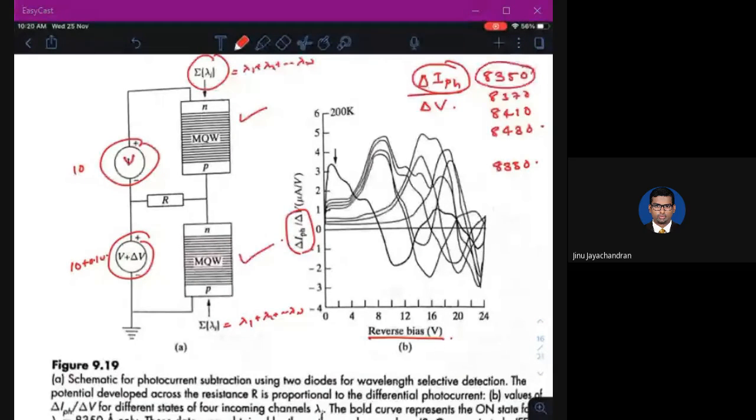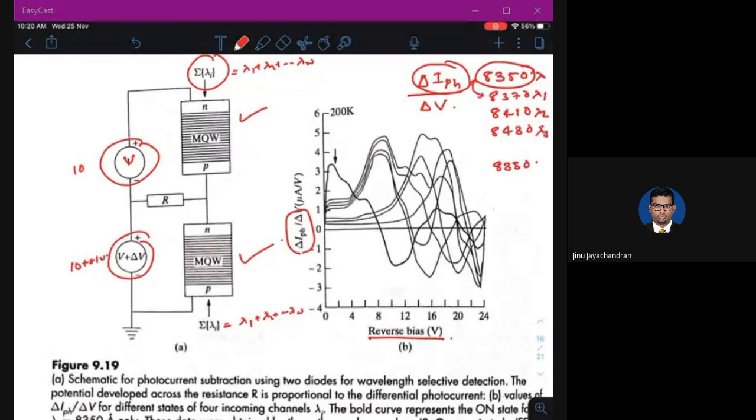So what I do is I will measure, I'll take any two combinations. So if the wavelength is present, I say it is an on state. If the wavelength is absent, I say it is an off state. Okay, so let's say this is lambda, lambda 1, lambda 2, lambda 3.